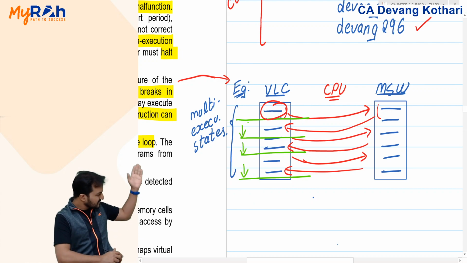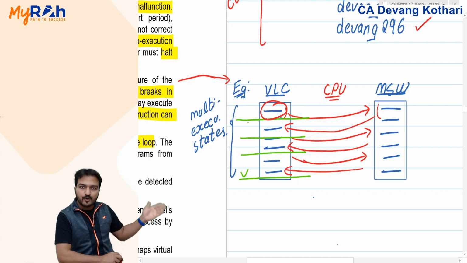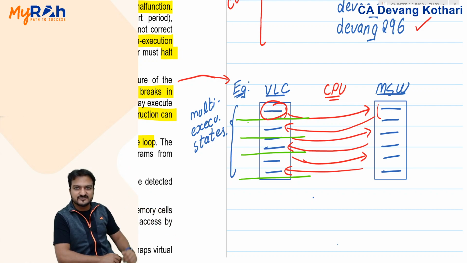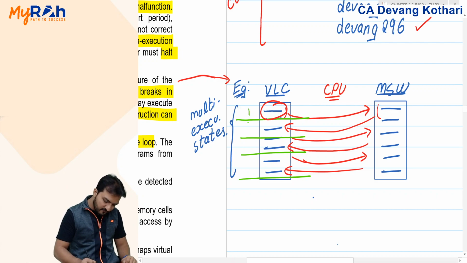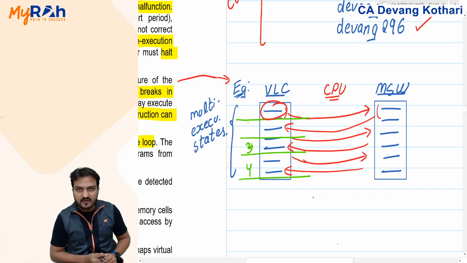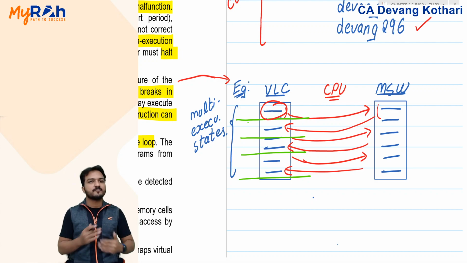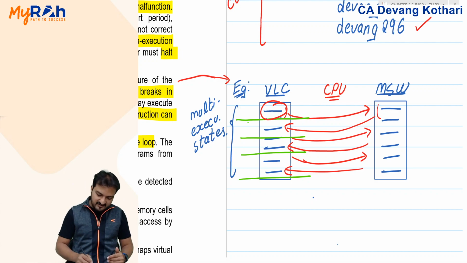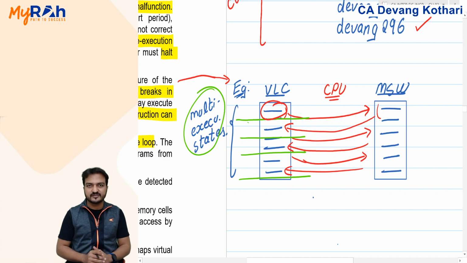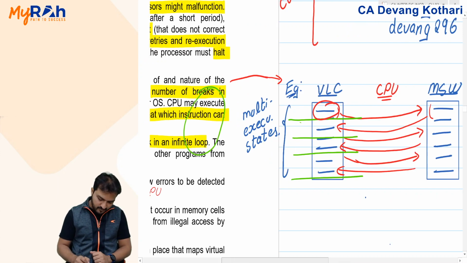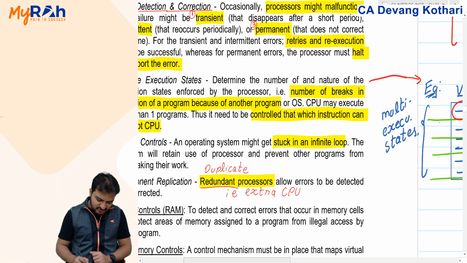Meaning, all instructions of the VLC player were processed in 4 different stages here. If the VLC player gets processed in 4 different stages, every program gets processed in multiple stages like that. Yes, that is called multiple execution states. But in such a case, there has to be a control measure.